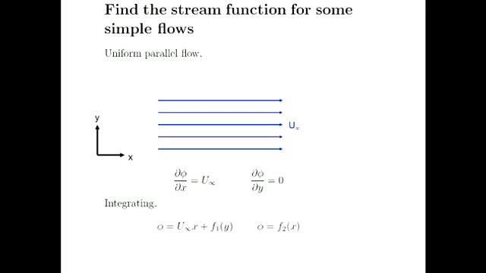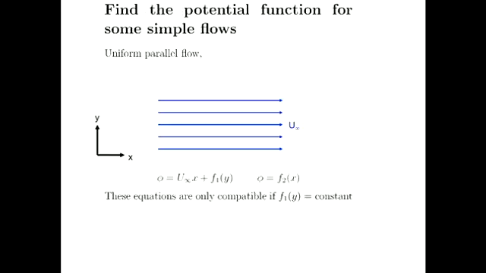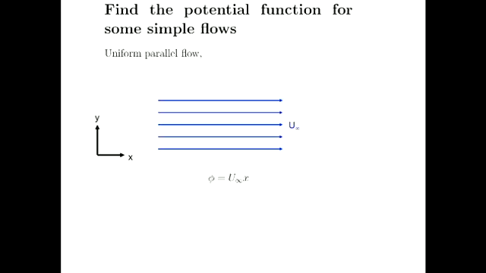By comparing those two simultaneous solutions, you can see they're only compatible if that function of y, f1, is a constant, and if that function of x, f2, is equal to u infinity x. So what we end up with is that the potential function for this horizontal flow is just equal to u infinity x. So phi is equal to u infinity x.